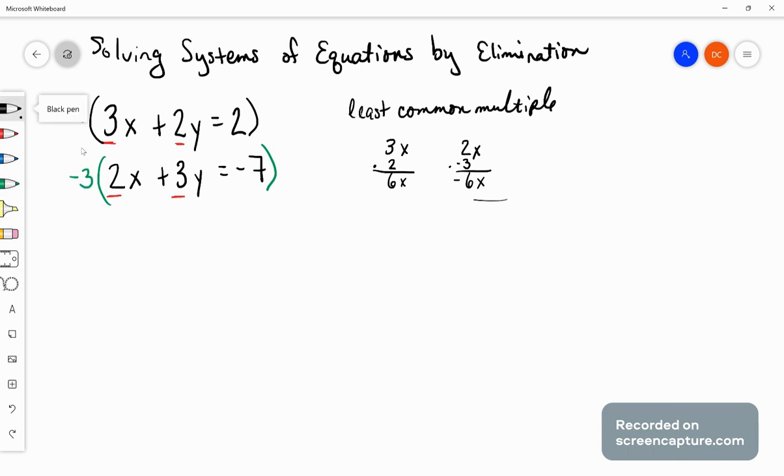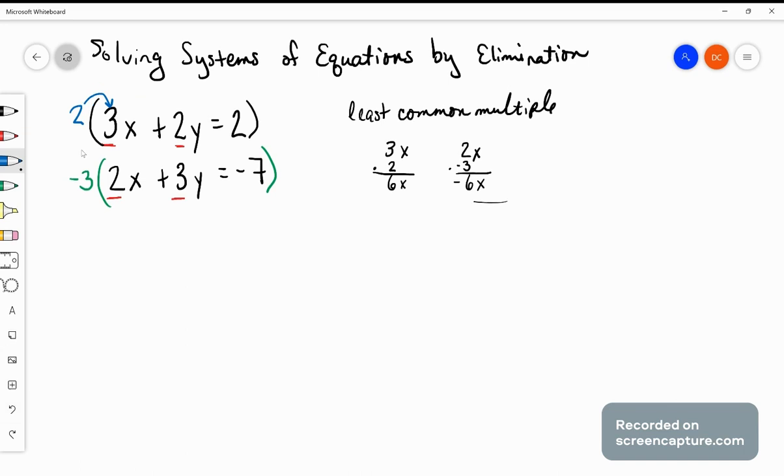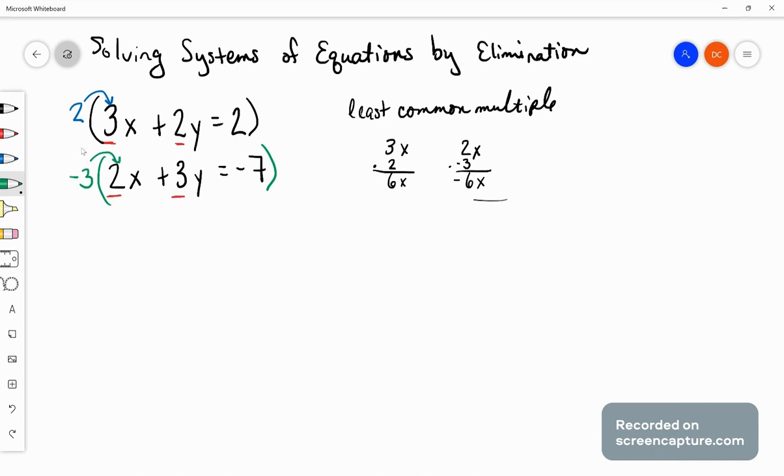When I do that, you'll see that 2 times 3x will give me a 6x, and negative 3 times a positive 2x will give me a negative 6x. So when I rewrite these, I'll have a 6x and a negative 6x, and I will be able to eliminate those when they're added together.